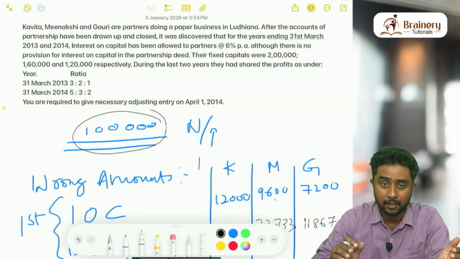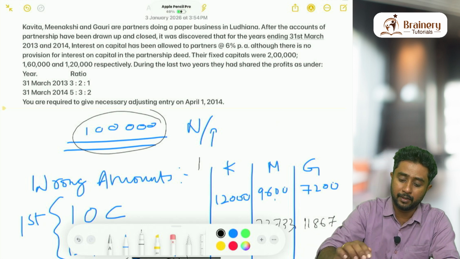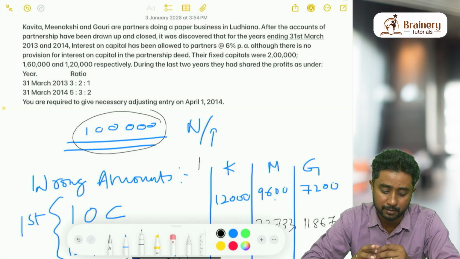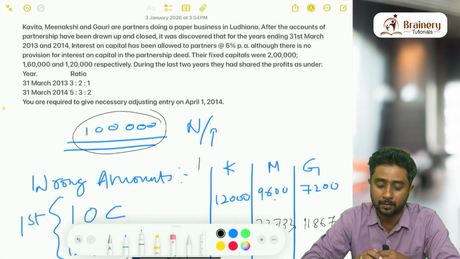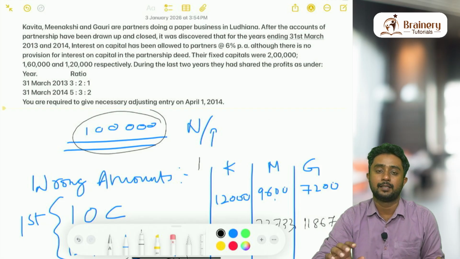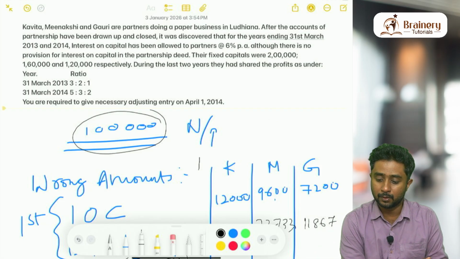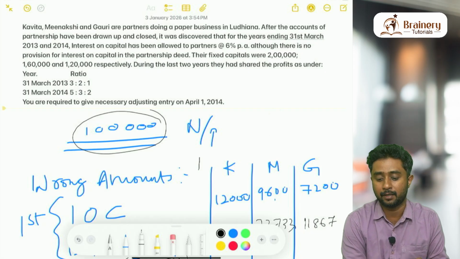As the question says, there were 3 partners in the beginning. After the accounts of the partnership had been prepared, it was discovered that for the years ending 31st March 2013 and 2014, interest on capital had been allowed to partners at the rate of 6%. The question clearly says that there is no provision for interest on capital in the partnership deed.